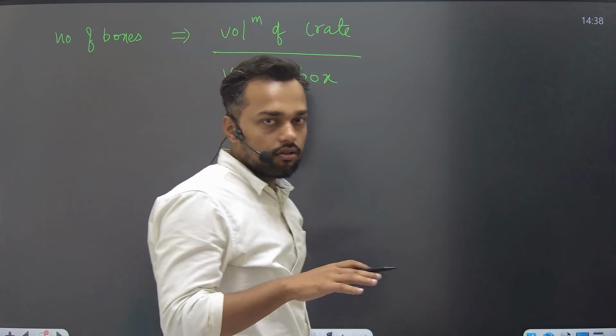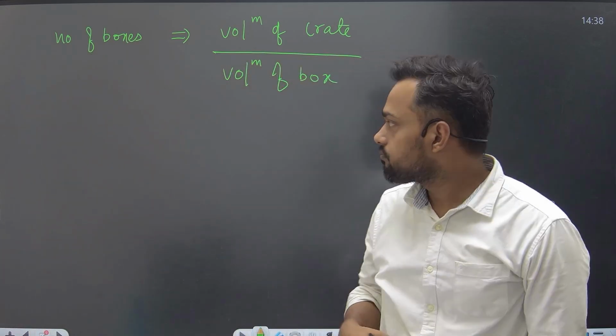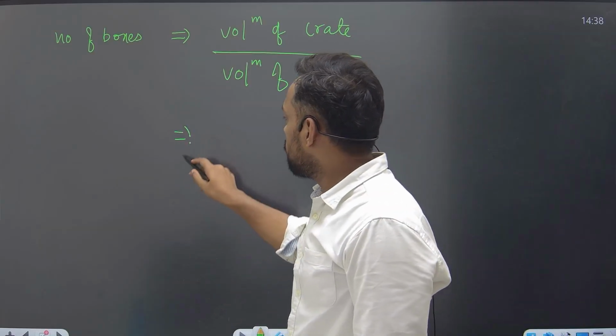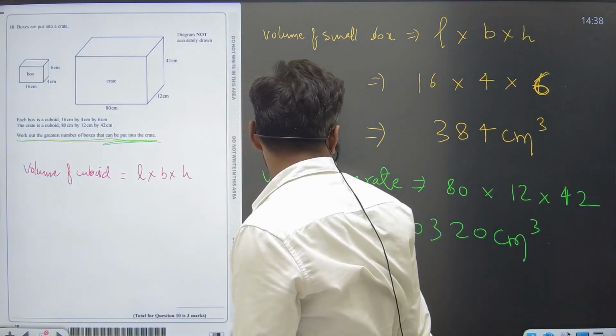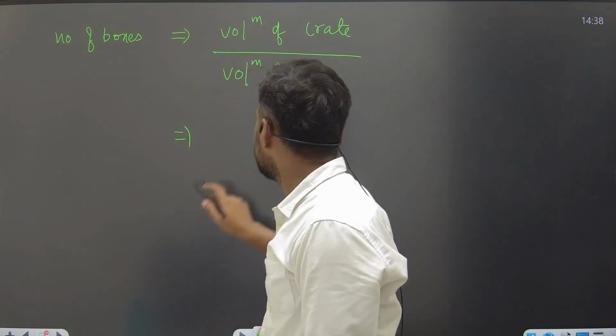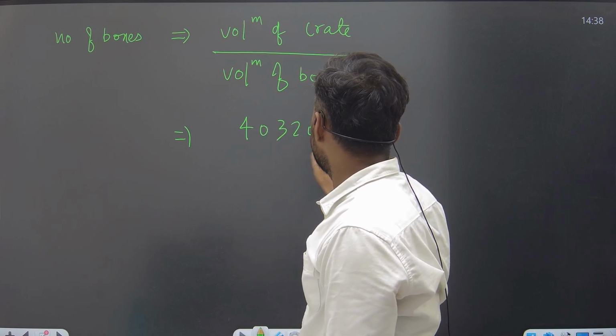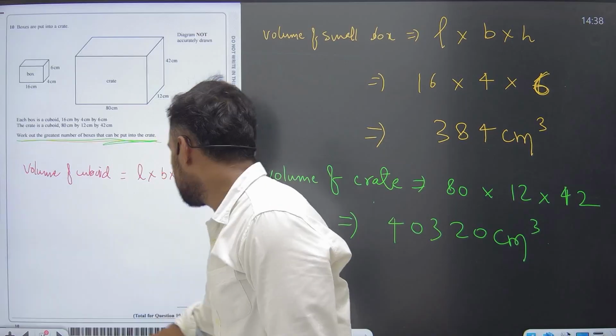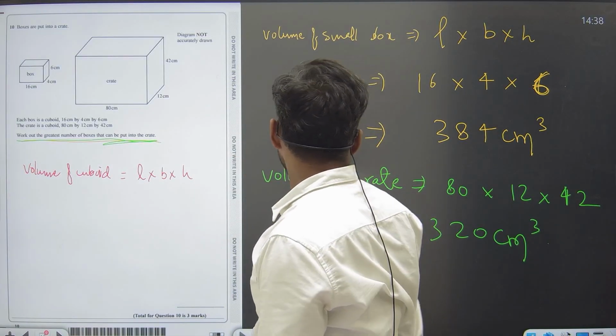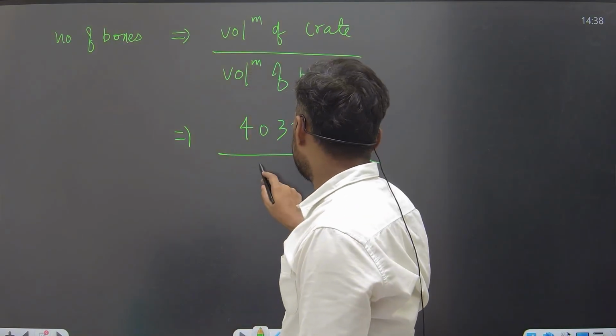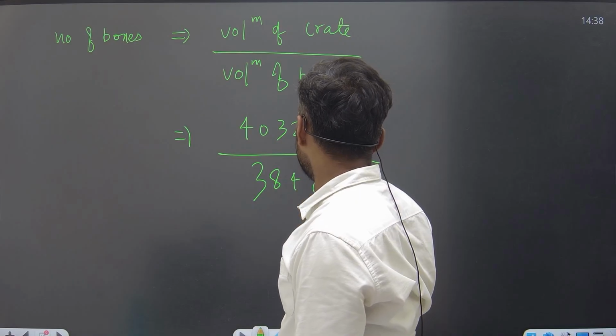Volume of a crate upon volume of a box. So the volume of a crate was 40320 centimeter cube upon the volume of a small box, which was 384 centimeter cube.